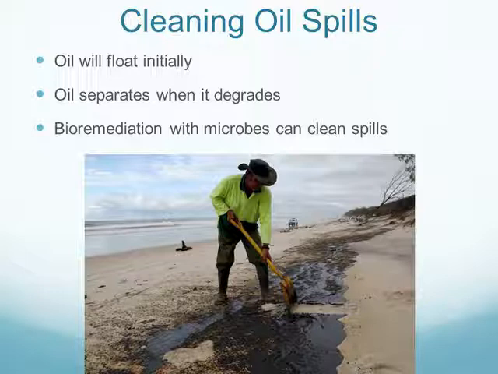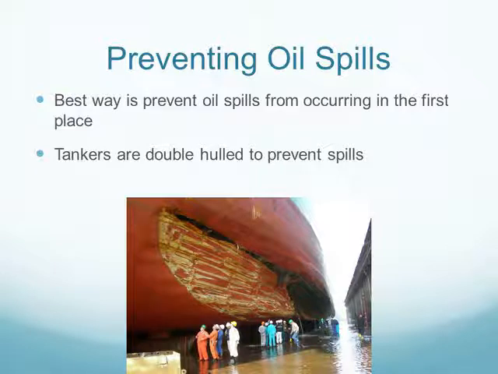The most effective way still yet would be this next slide here, which is to prevent oil spills in the first place. And if we could do that, then there would be no need for cleaning up or protecting marine organisms because all the oil would just stay in its container.